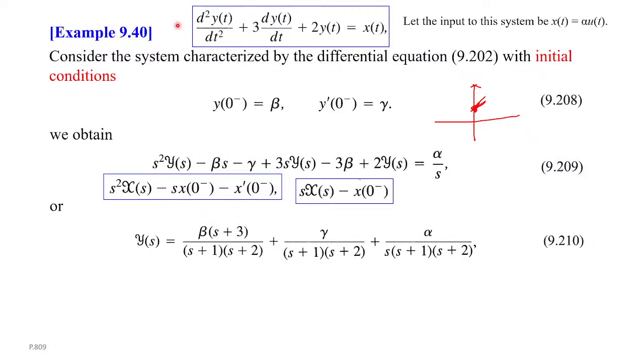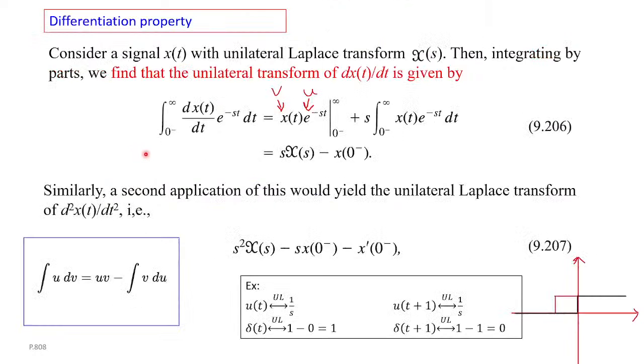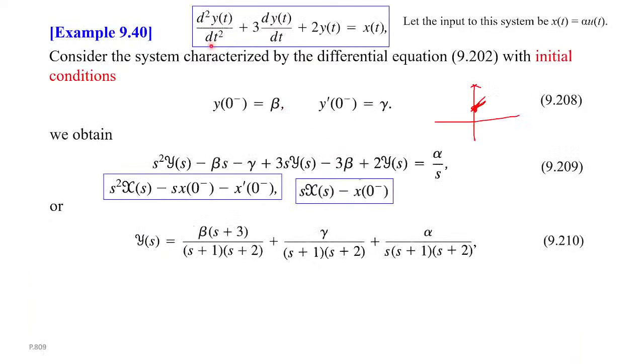So we have the differential equation here and 2 initial values, so y at 0 minus and y prime at 0 minus equal to some values. And then we use these 2 properties, the unilateral Laplace transform of y, and we find out that now we have a whole bunch of terms that depend on beta and gamma.